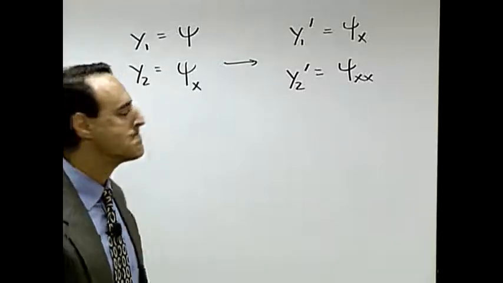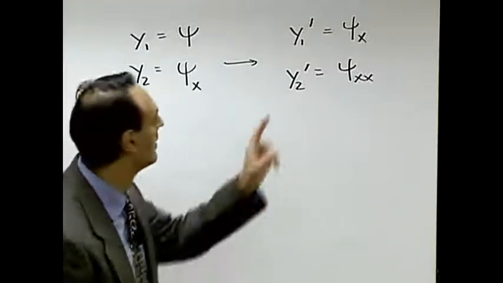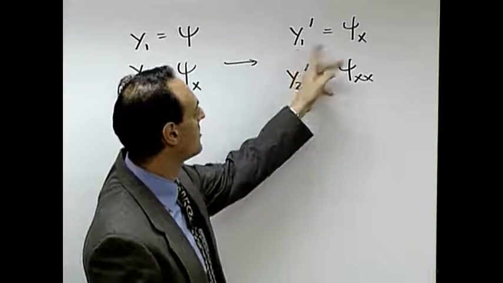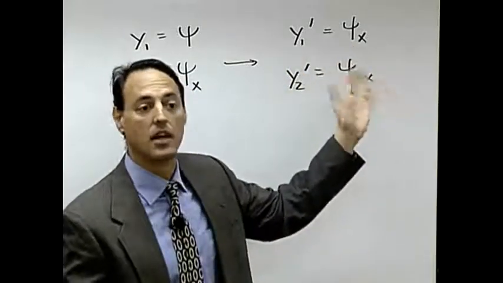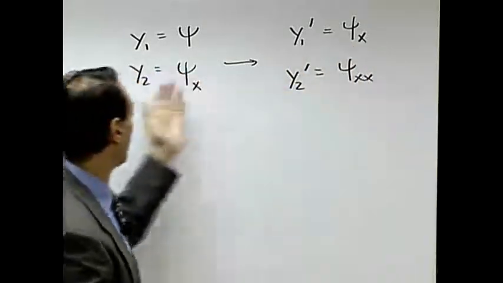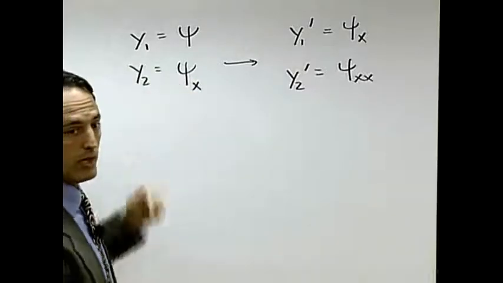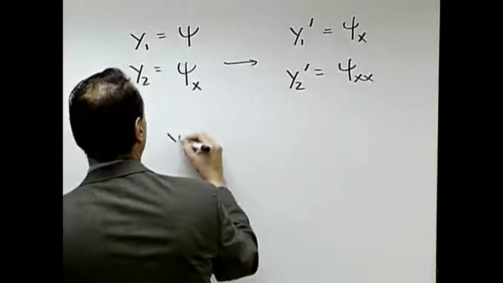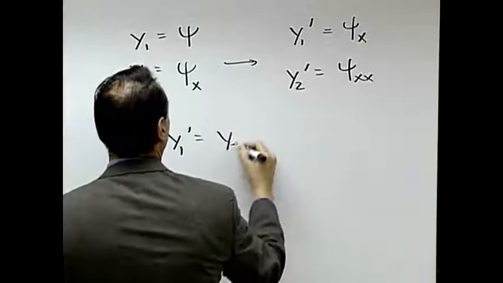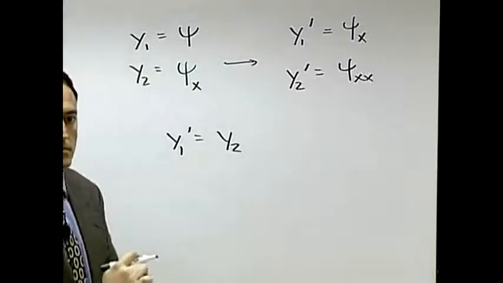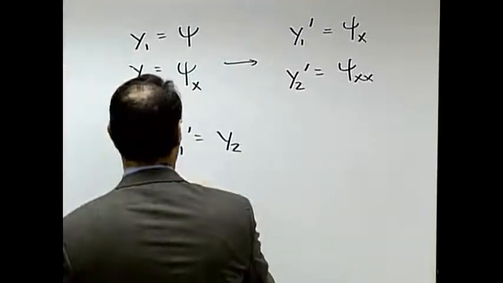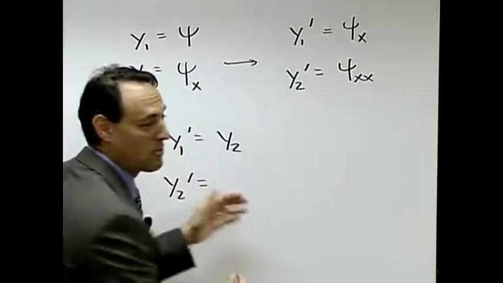So far just fun and games. Okay? But notice the following. y1 prime is equal to psi of x. But what is psi of x? How did I define it? It's y2. Great. So really, that first equation becomes y1 prime is equal to y2. OK, what about that second equation? y2 prime is equal to... Oh, let's put y3 in there.